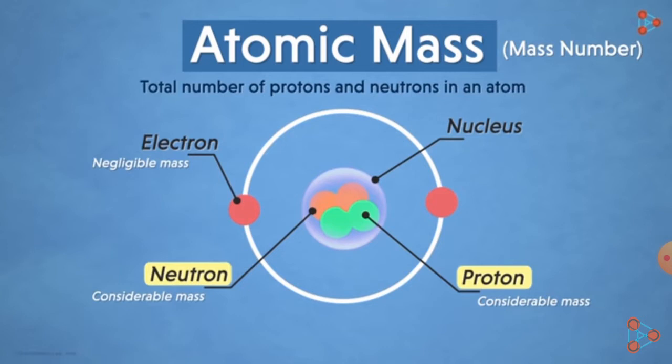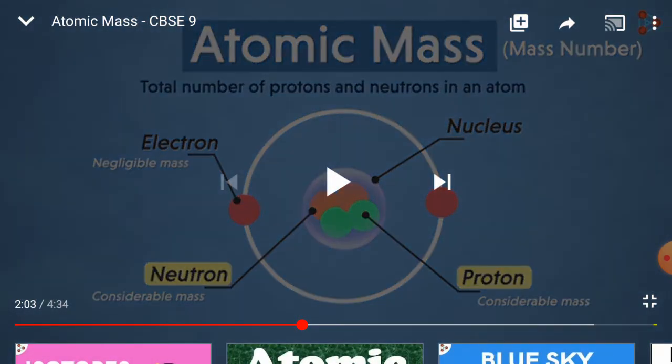The mass number, we said, is the total number of protons and neutrons in an atom. So what is it here? Think and give the answer. Yes, the answer is 4. The mass number for the helium is 4. This is true.